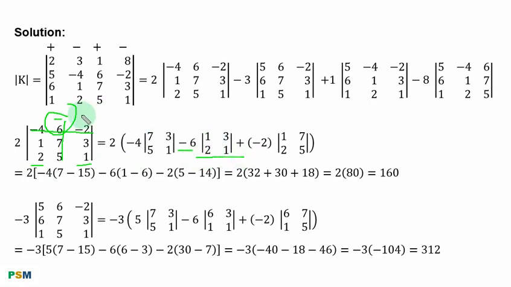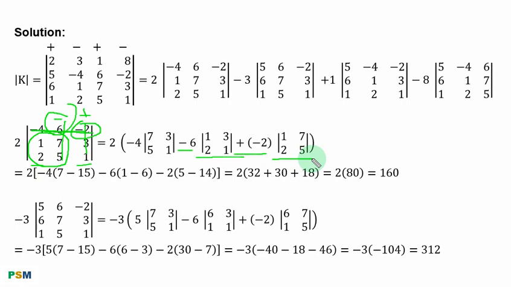The third element in the expansion row is -2. The checkerboard sign is positive, so you have plus -2. You cover first row, third column, where that element is located. You have this 2 by 2 minor matrix left in this form.